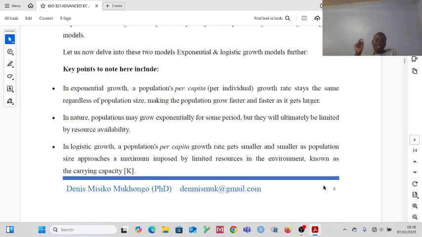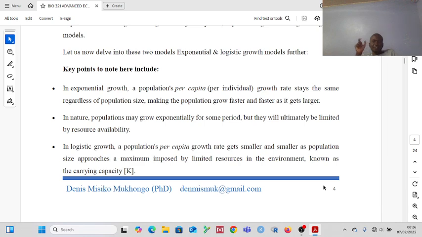So what that means is that the available resources and the presence of increased waste in the environment will now begin to limit growth. And that is now what describes the logistic growth model.